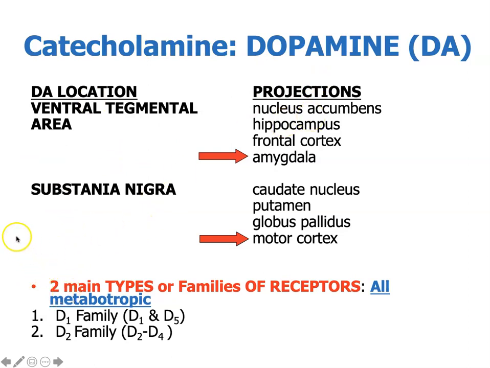So reward circuitry, cognition, motivation, pleasure, addiction, intense emotion, love. The connections from the ventral tegmental area do provide dopamine as the underlying cause of intense emotional responses, love particularly.